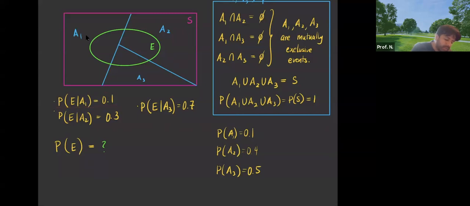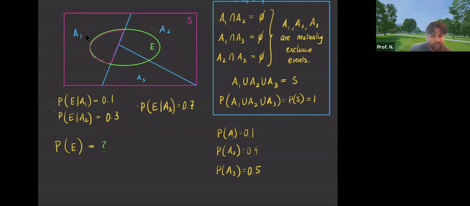Well, let's look at this region here. What is this region called? How would you label this region here? Given the sets E, A1, A2, A3, using these sets here, how would you label this region right here? Is this E1? No, don't use E sub 1.